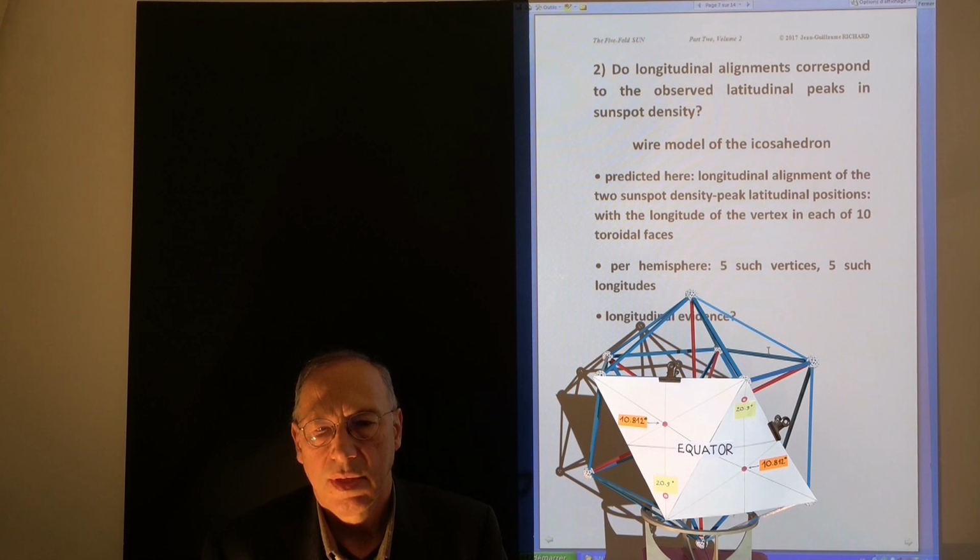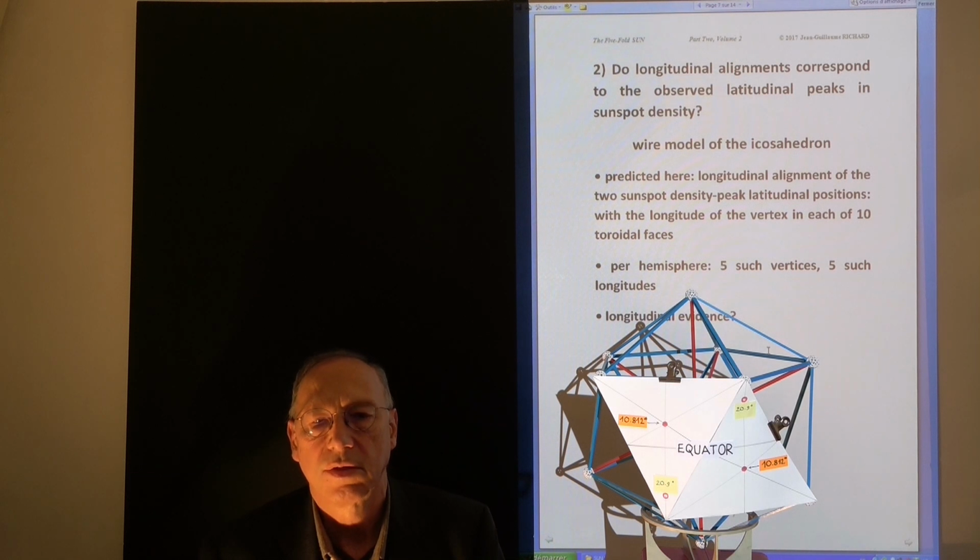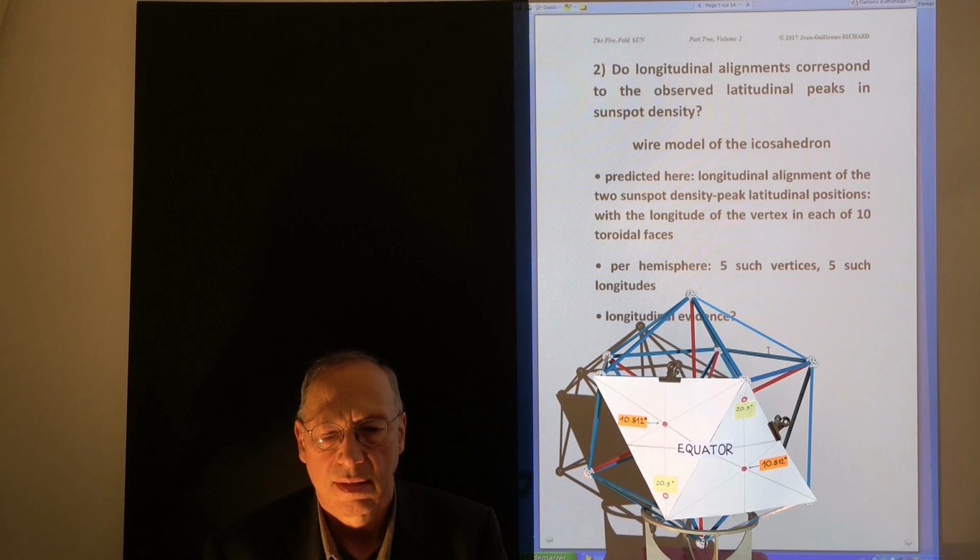But we do not know so far whether these predicted longitudinal lines correspond to any observed kind of longitudinal cluster that may exist in the observed solar ball. So this is what we are going now to investigate.